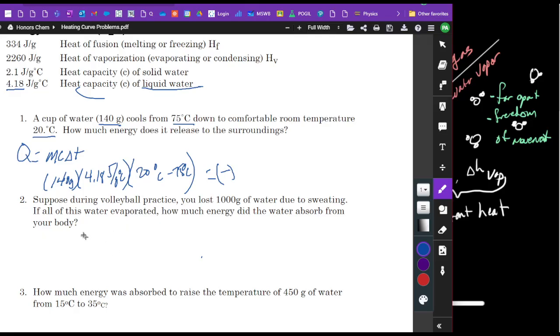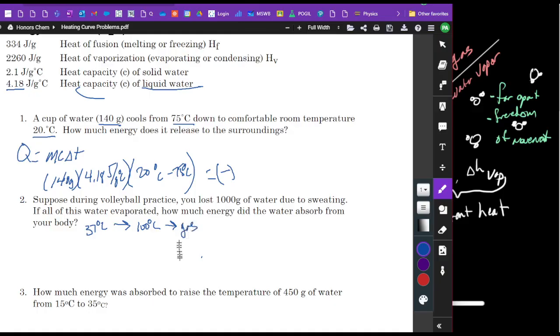So we start at 37 degrees, and that water needs to heat up to 100 degrees Celsius. Then you have the grams of it that go from 100 degrees Celsius in liquid form to gas.